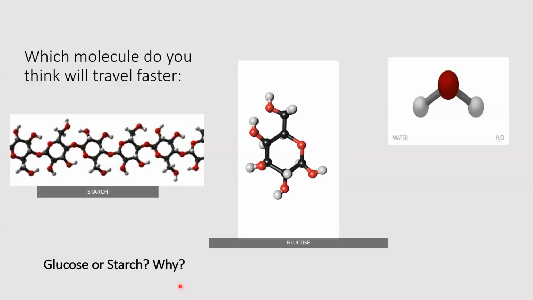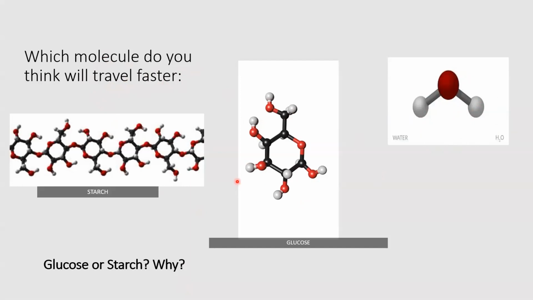So for example, if you had a molecule that wanted to go across a cell membrane, which molecule do you think would travel faster? Do you think water would travel faster or glucose? Remember, water is basically 2 hydrogens and an oxygen, whereas glucose is a little bit more complex than that.